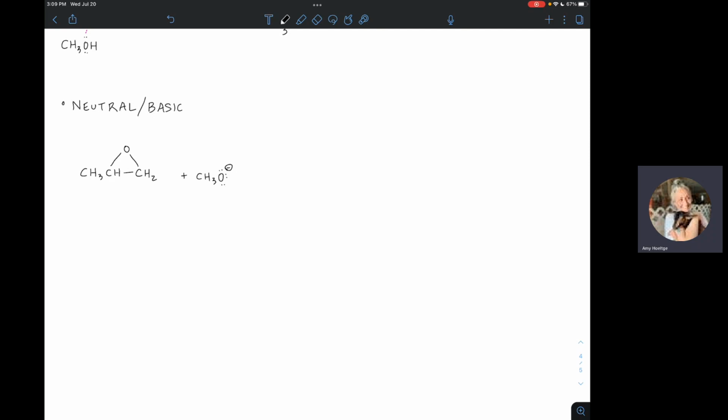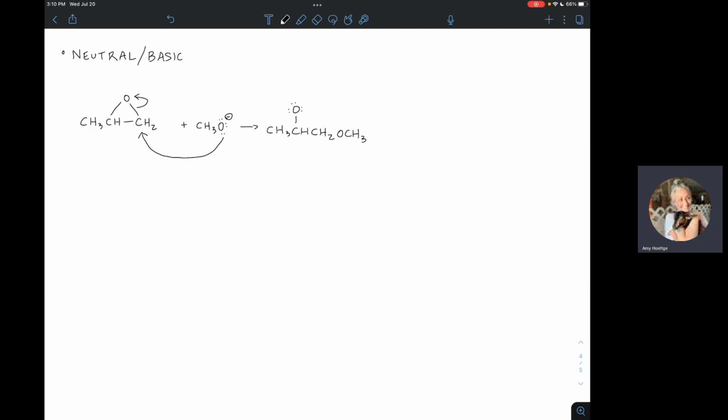In fact, they make great nucleophiles. So this is going to come in and attack the least hindered carbon.